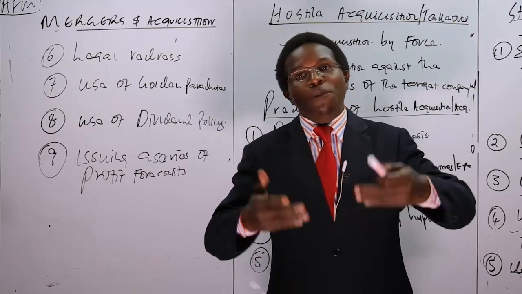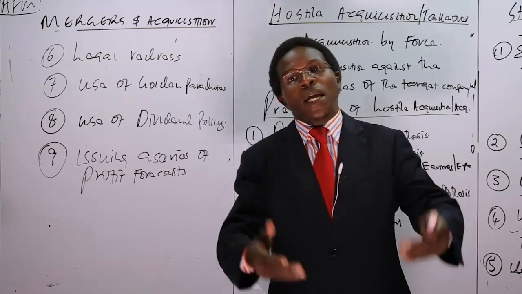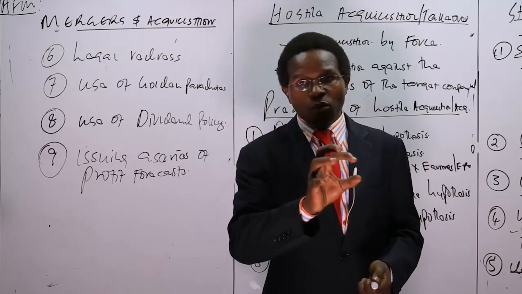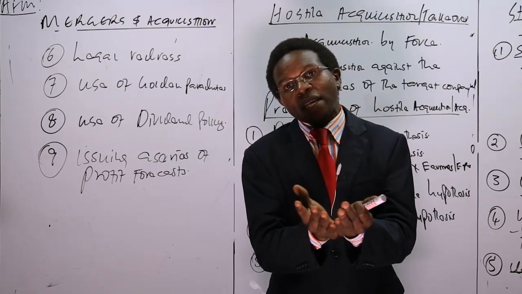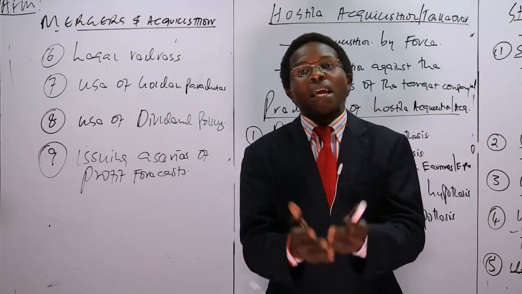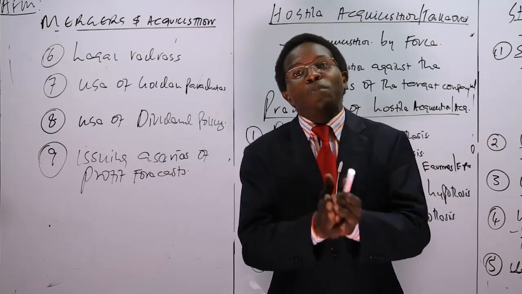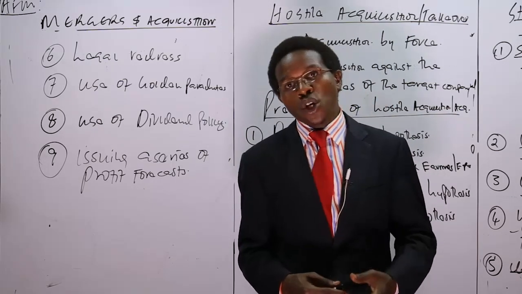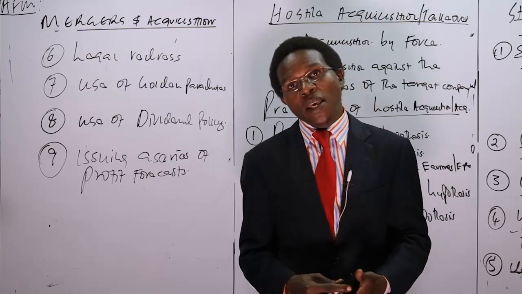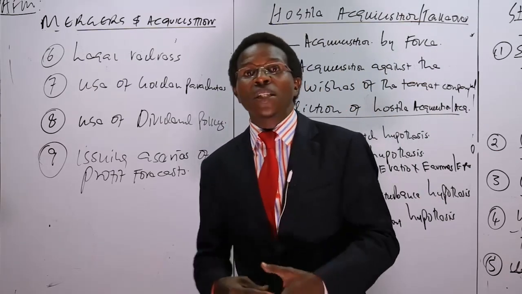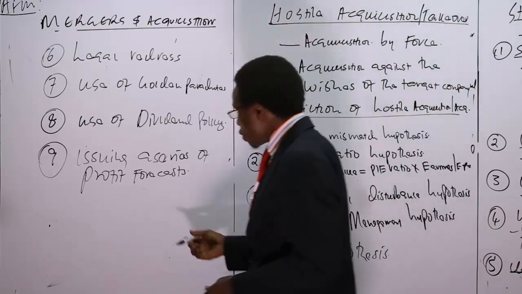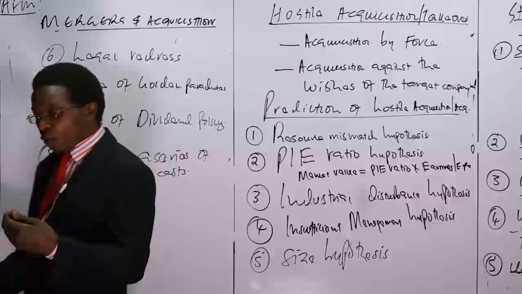If they increase the expectation of the market, the public, and the investors of that particular target company, then the market value of this target will increase. This will scare away the predator, as the predator will not be able to manage the affordability, or will not be able to pay the offer price, because it's likely to be expensive to acquire such a company. So issuing a series of profit forecasts.